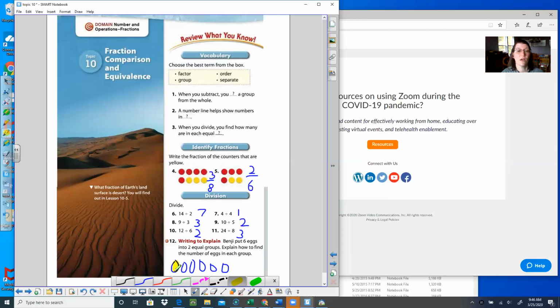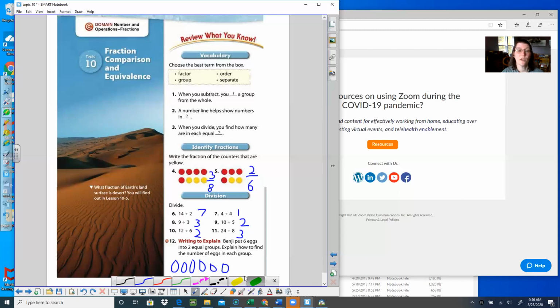So 1, 2, 3. Now I'm going to do 1 out of every 2 being green. 1, 2, 3. And if you're like Mrs. Mears, you just totally confused me. I'm going to show you a third way we could do that one.